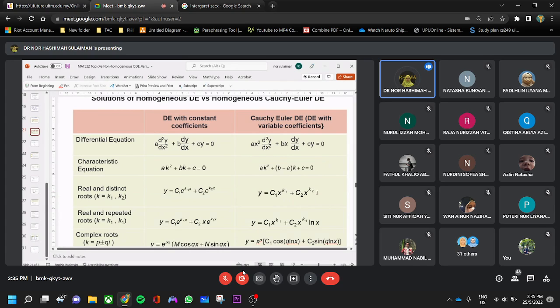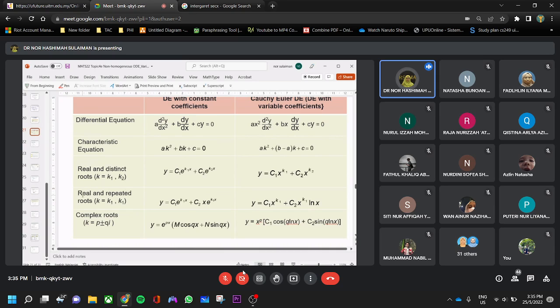Okay. Right, and seterusnya kalau if the roots are real and repeated, then you multiply the second term ni dengan X, so there's no redundancy between the first and the second term. And both the exponential is e to the power of K1x, K1x juga. On the other hand, for the Cauchy Euler differential equation, the second term is being multiplied with log X, okay?